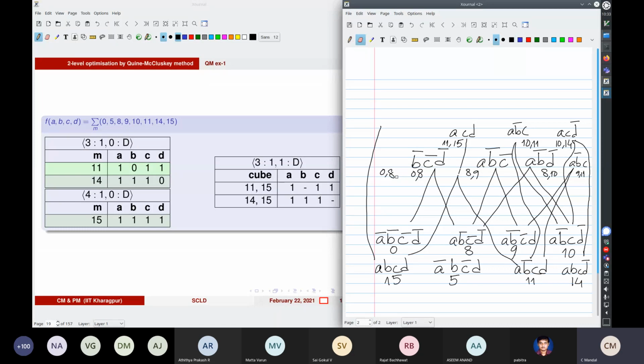It's too far off. This is adjacent to 14.